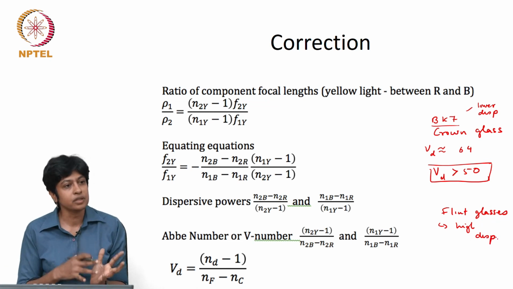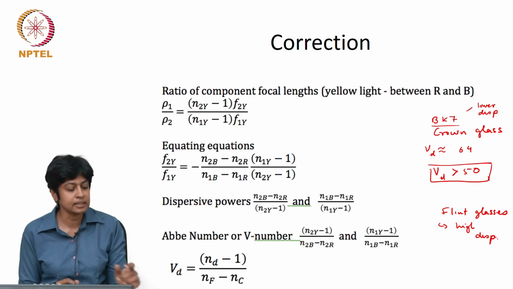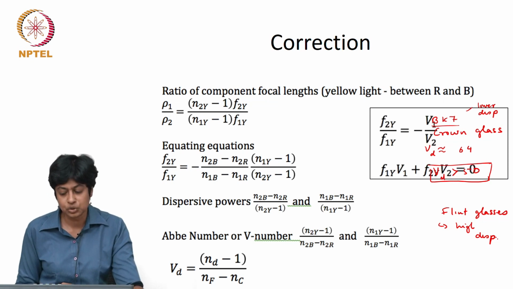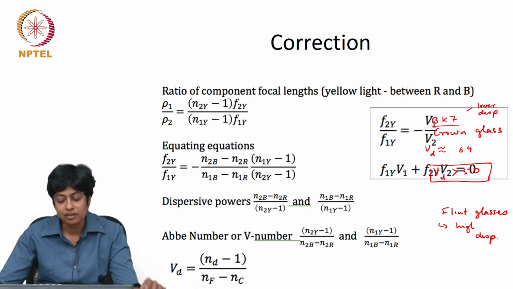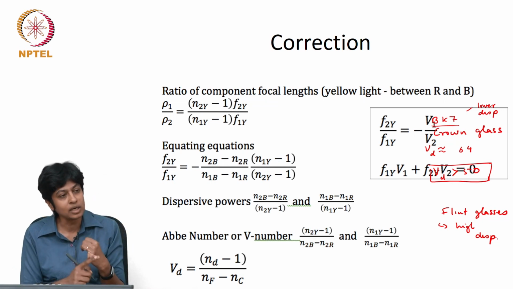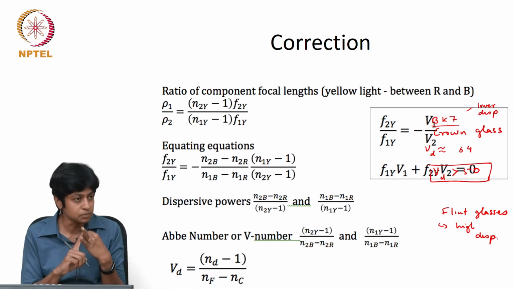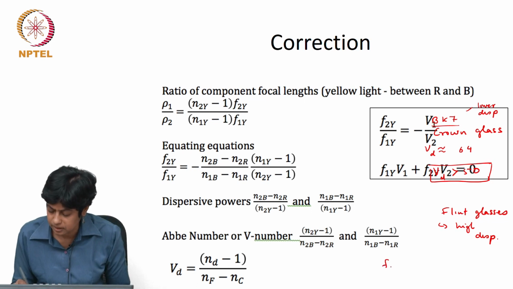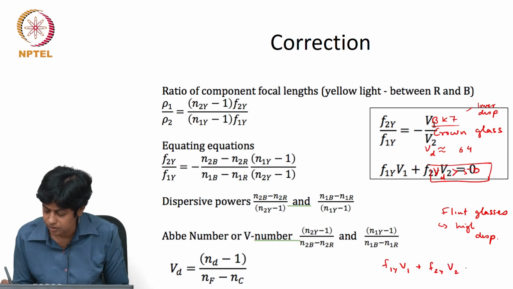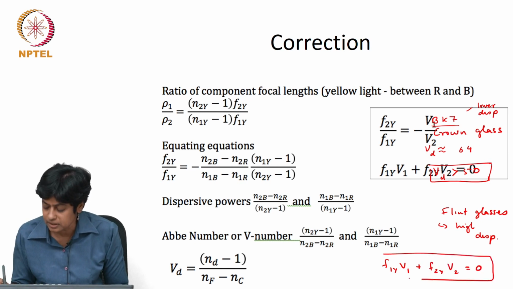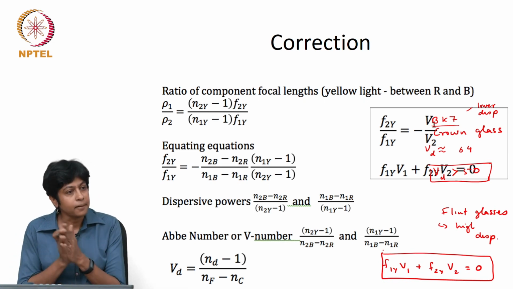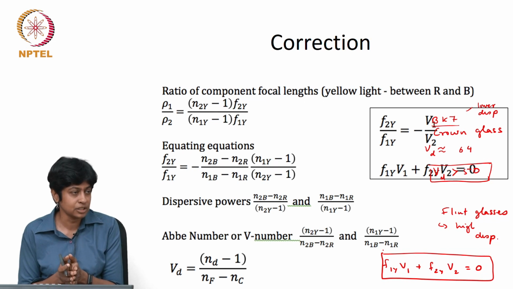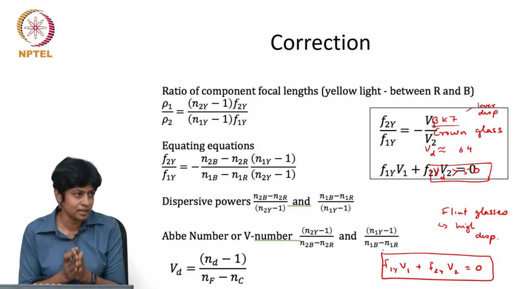Now, it's important for us to use a combination of materials, and our derivation showed us that if we have 2 lenses, and the combination of the focal lengths and the V numbers of these materials gives us, I'll just write it again, F1 V1 plus F2 V2 equal to 0, and if this is satisfied for 2 lenses in contact, then you can eliminate the chromatic aberration for 2 wavelengths, red and blue.